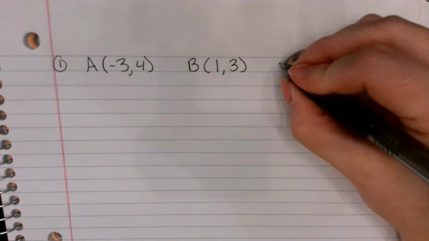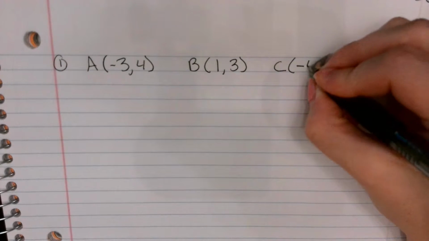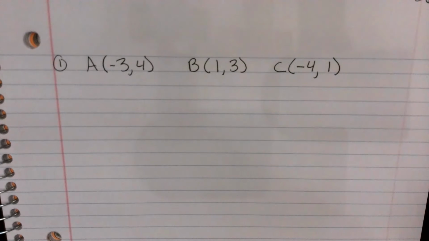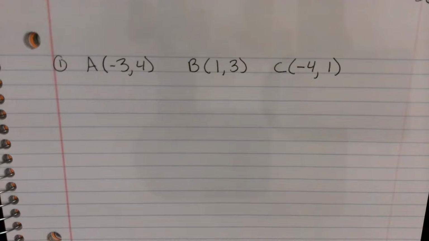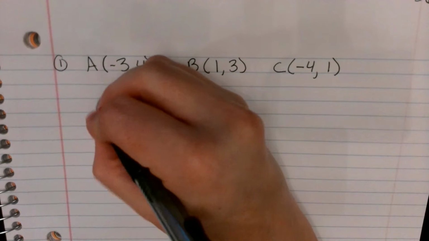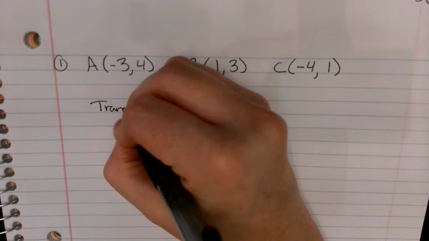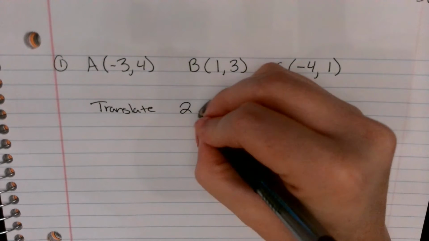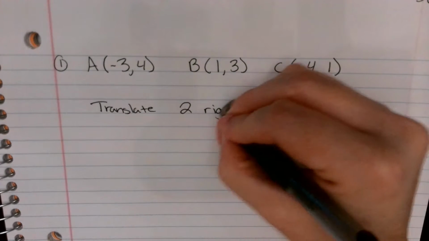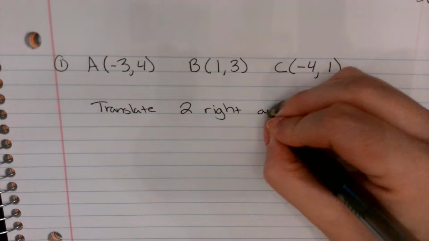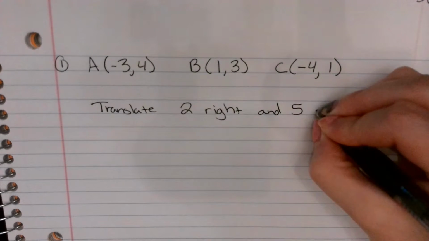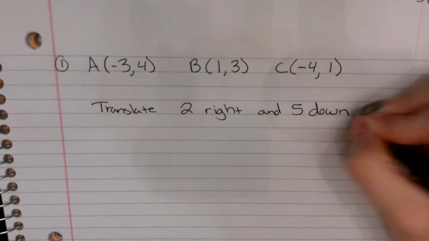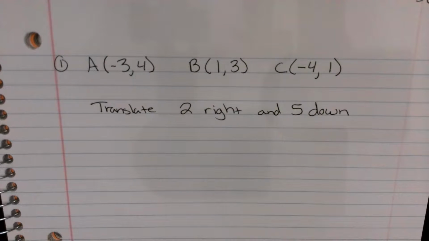And point C, which is at negative 4, 1. And I'm going to translate this. I'm going to translate it 2 to the right and 5 down.